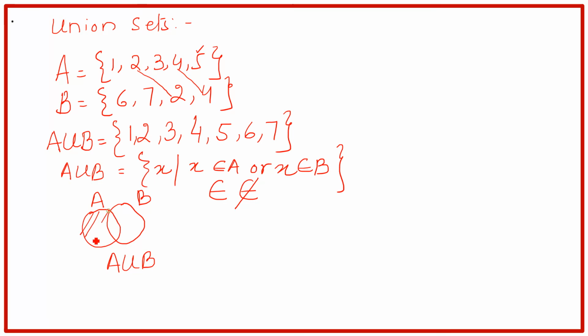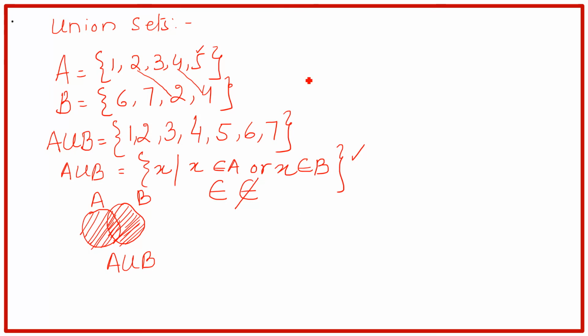Because we have taken all the elements of A, we have to shade this part, and we have to shade B as well, because every element we have taken here. This is the Venn diagram, the graphical representation of A union B. And this is the set builder notation: X such that X is a member of A or X is a member of B.